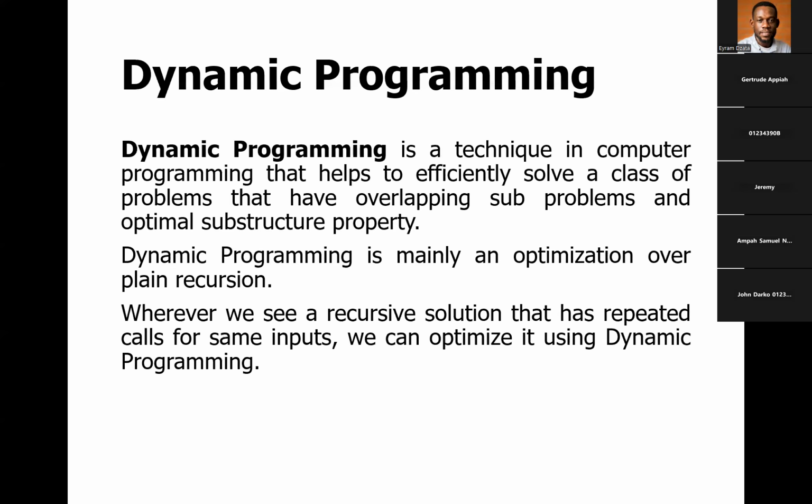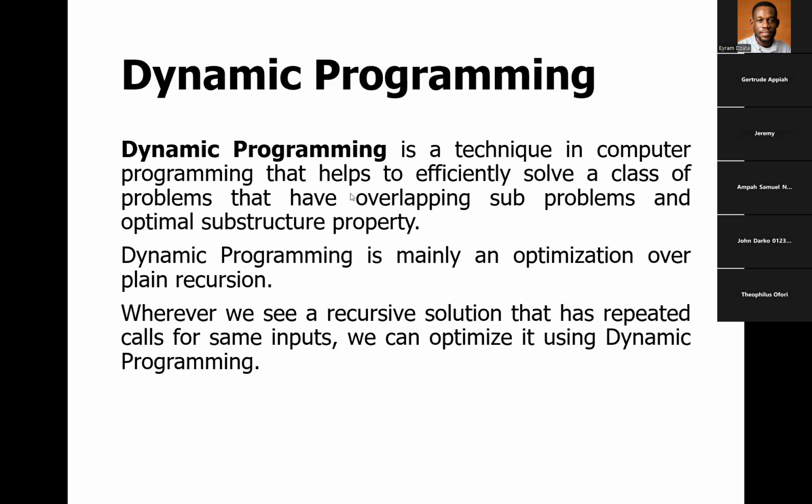So you have what we call a group of subproblems, and then they might be overlapping each other. And even in that, there's always an optimal property to solving that problem. Now, there are two key principles when it comes to dynamic programming.